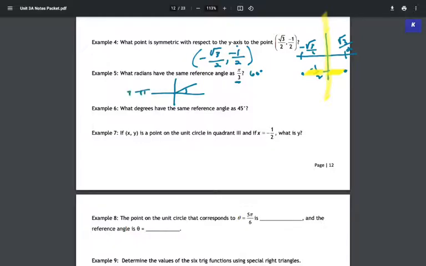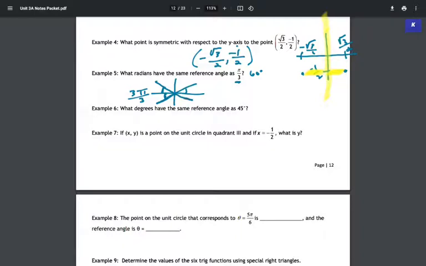Well, pi is the same thing as 3 pi over 3. So 2 pi over 3 is going to be right here, and its reference angle is that pi over 3. Over here would have a reference angle of pi over 3. It's pi over 3 past that, which would be 4 pi over 3.